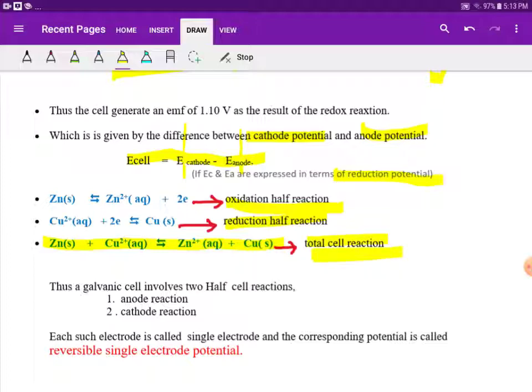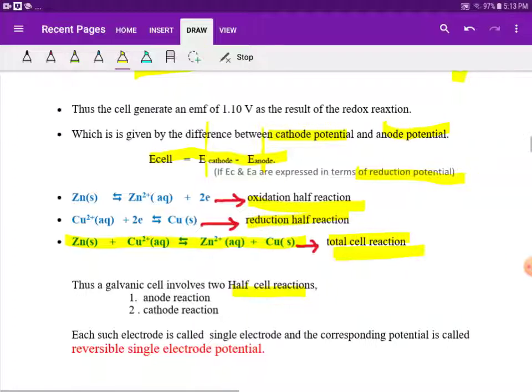Thus, a galvanic cell generally involves two half cell reactions, one the anode reaction and the other the cathode reaction. Each such electrode is called a single electrode, and the corresponding potential is called the reversible single electrode potential.